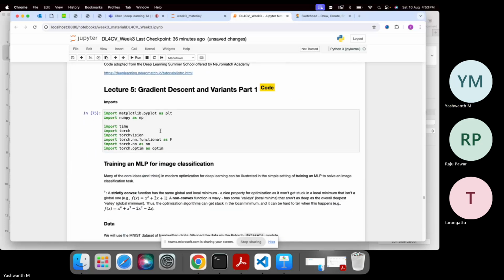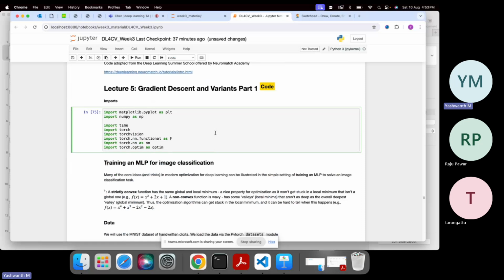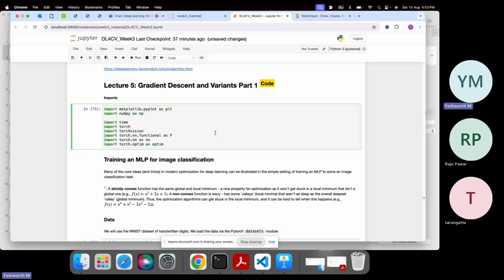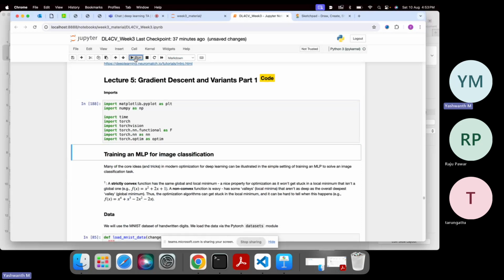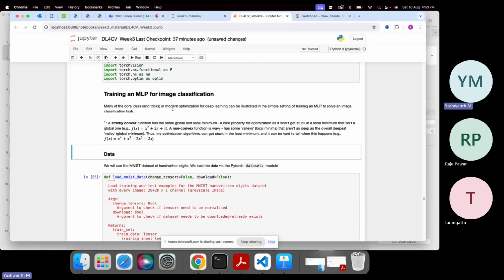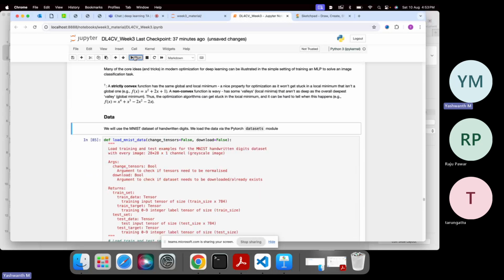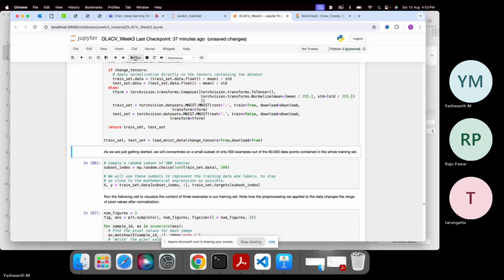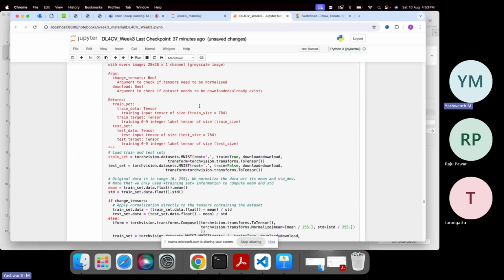Now let's do a typical image classification task on a digit data set. A digit data set is nothing but the MNIST data set. Here we download the data.